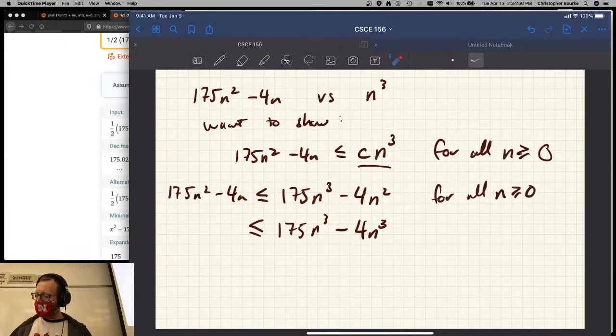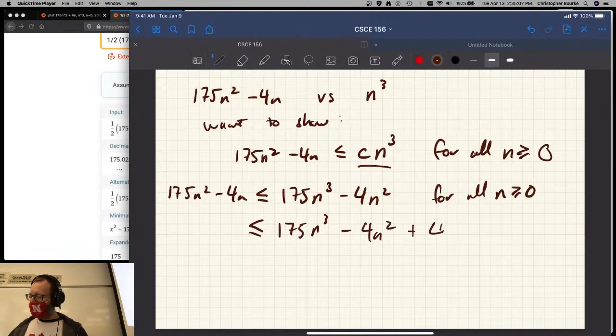All right, so back it up here. How do I make that bigger? I could say less than 4n squared plus 4n squared. So if I've got negative coefficients, I can just add that thing back in. Now it's certainly true that 0 is less than or equal to 4n squared for all n greater than or equal to 0.